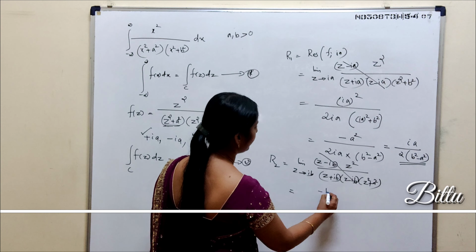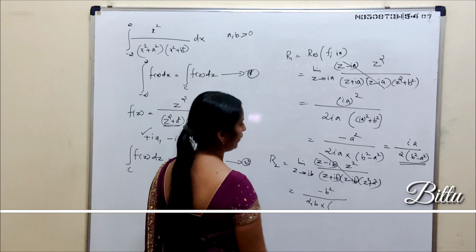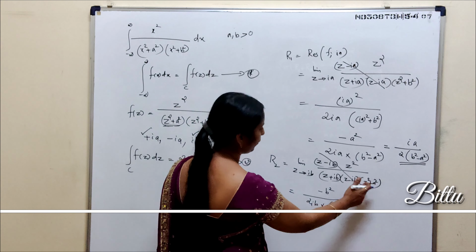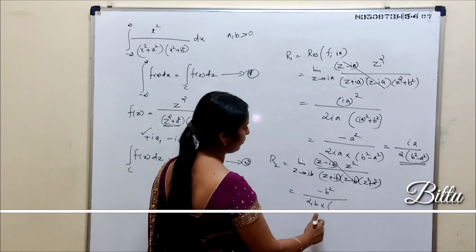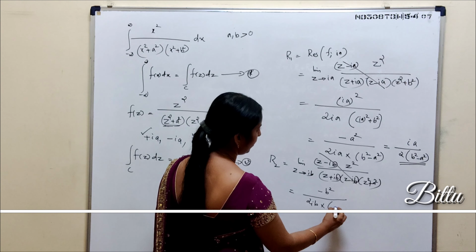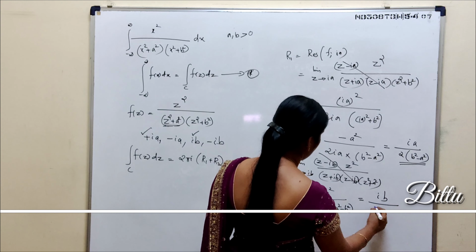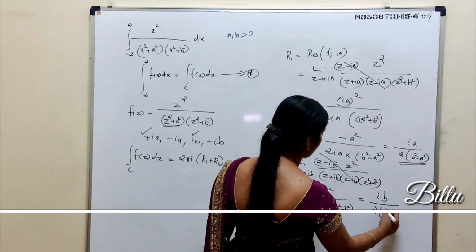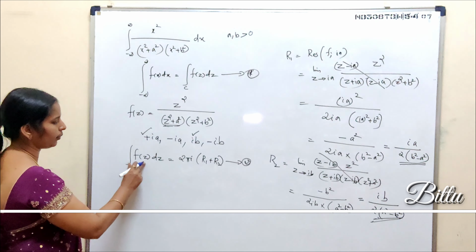It is minus b square by 2ib into, here you put z as ib the whole square, so it becomes (a square minus b square). So it is ib divided by 2 into (a square minus b square). This is our r2.